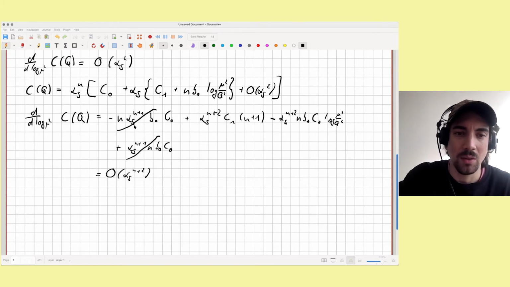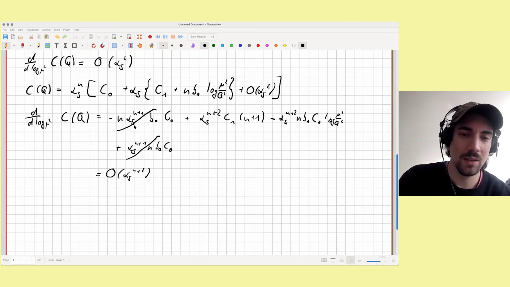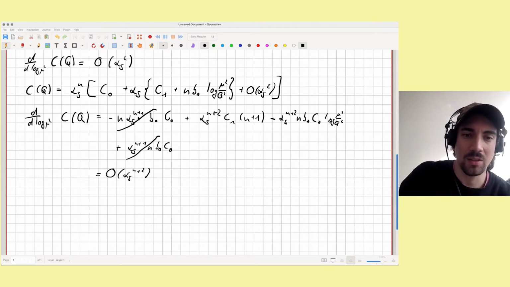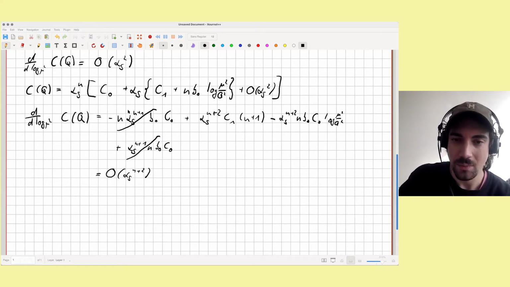We got one less power from taking the derivative, and then we've got 2 additional powers from the first order term of the beta function. I also neglect all the higher order terms of the beta function. And so in this second part, we have alpha s to the n plus first power.